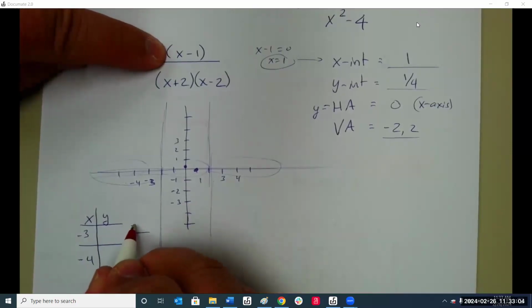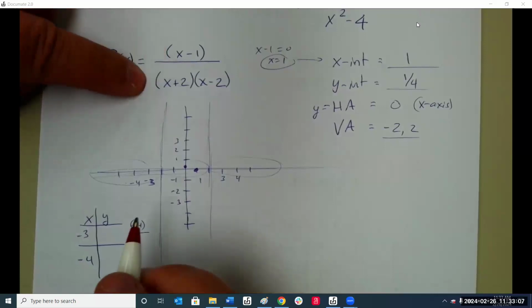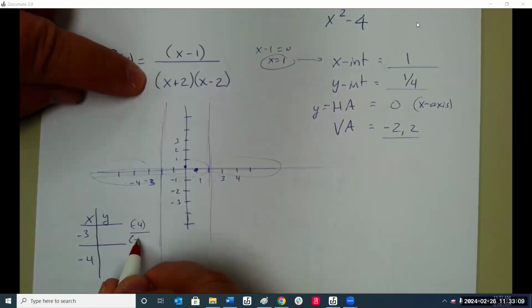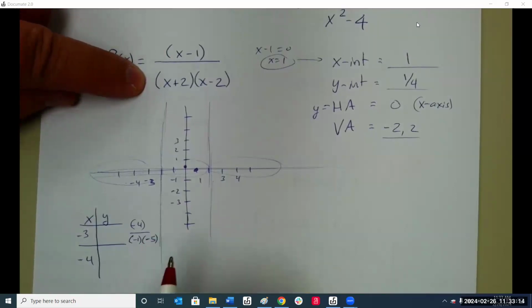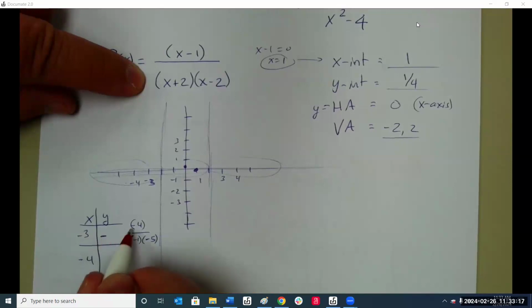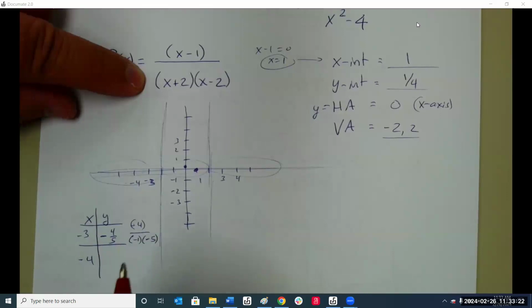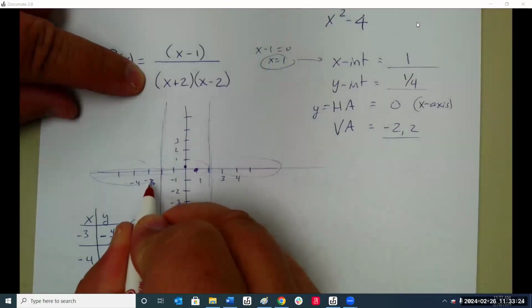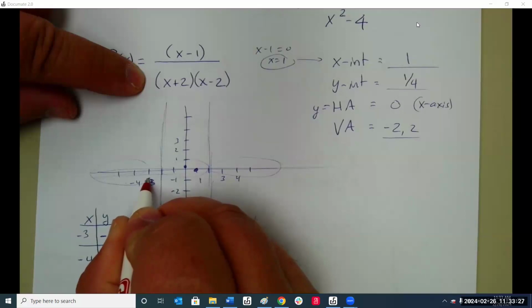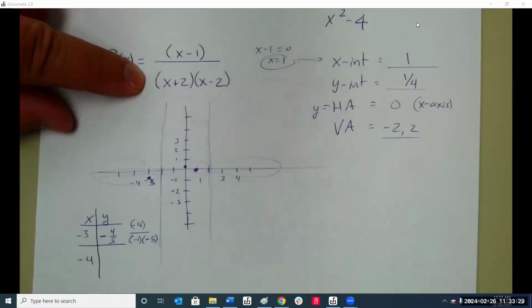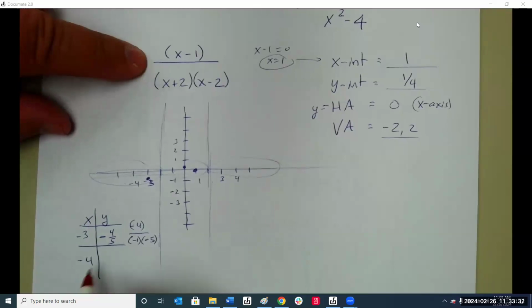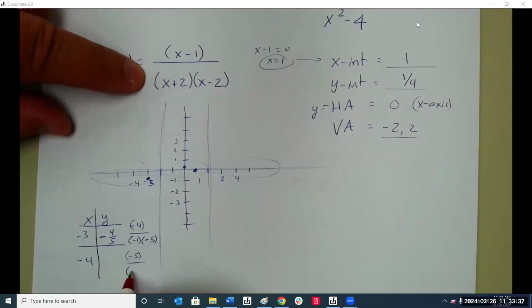-3 minus 1 is -4. -3 plus 2 is -1. -3 minus 2 is -5. The answer is going to be negative. There's 3 negatives. 4/5. At -4, we got -5, -2, -6.